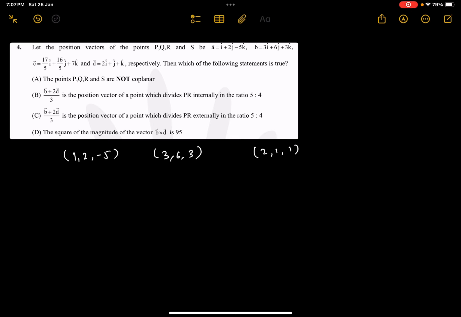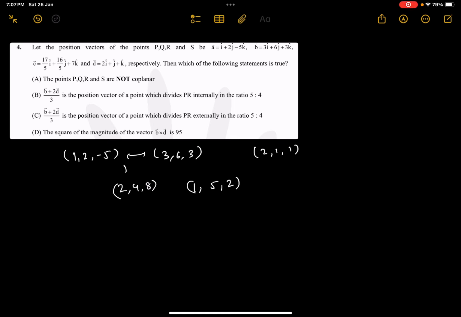For this we'll need a normal vector, for which we'll first find the PQ vector, which is (2, 4, 8), and let's say the QS vector, which is (1, 5, 2).